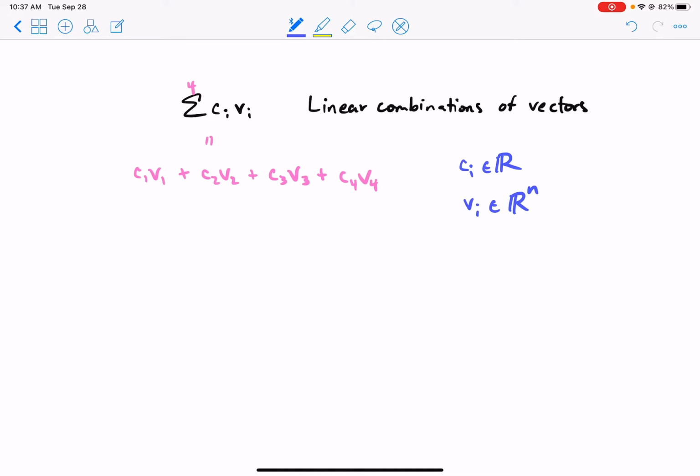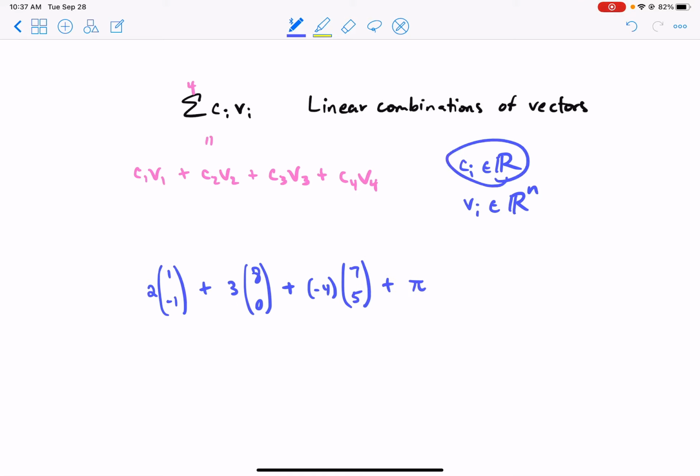Then we'd have like maybe a 2 times the vector (1, -1) plus a 3 times the vector (8, 0), plus negative 4, so c3 is negative 4, they're each real numbers, times the vector (7, 5), plus, maybe it's a pi, pi is a real number, is c4, times like (2, 3). Okay?